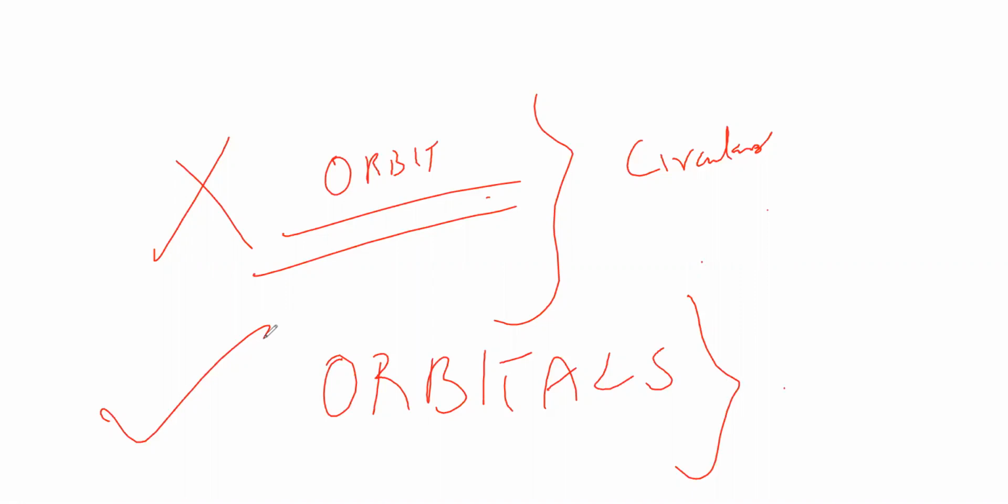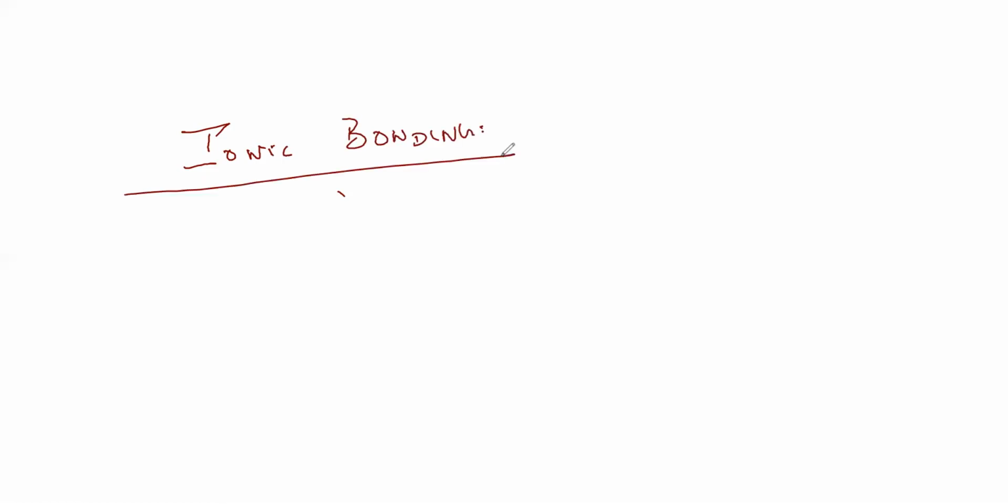So now let's come to our main topic. Ionic bonding. Very important. Ionic bonding. Very easy also, guys. So formation of ionic bond takes place between what? A metal and a non-metal.